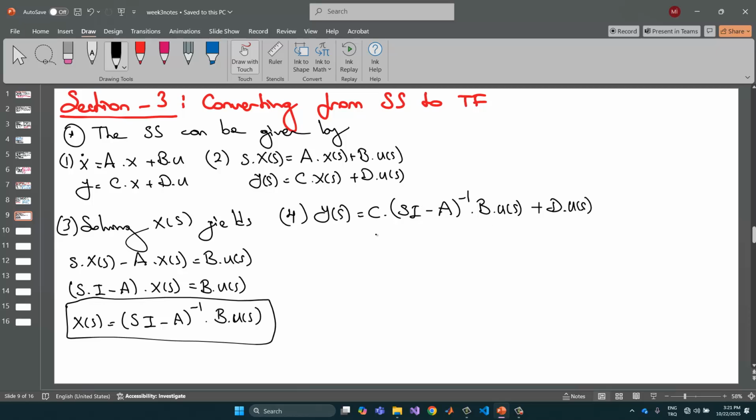And so we can collect the U(s) at the right hand side. And so Y(s) is equal to C times (SI minus A) to the minus 1 B plus D, times U(s), right?